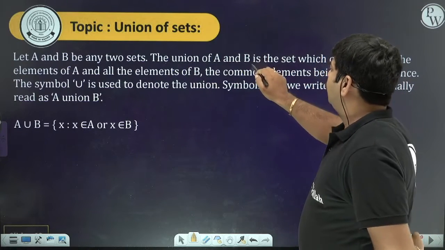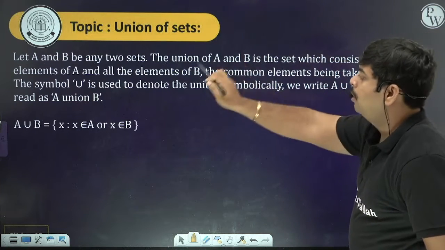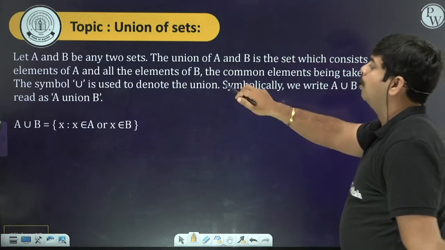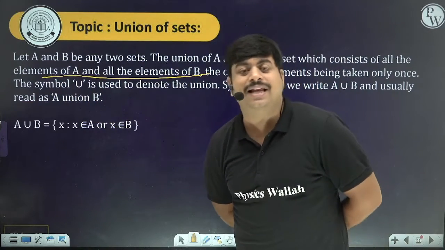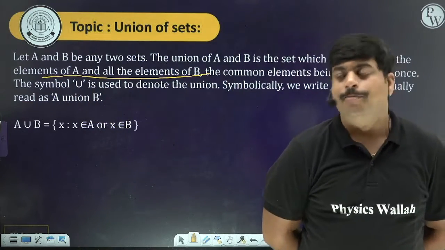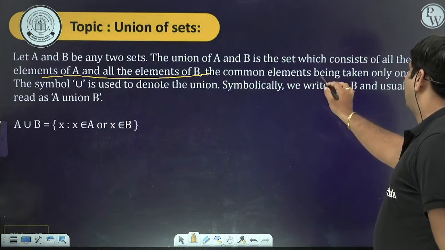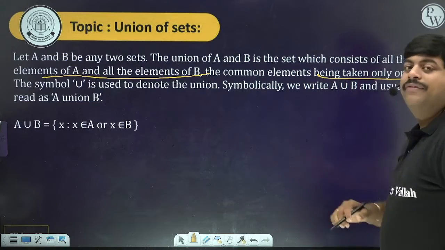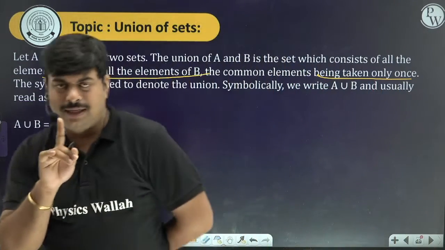The union of A and B is a set which consists of all the elements of A and all the elements of B. All the elements of A as well as all the elements of B, right? The common elements being taken only once. If there are common elements in both A and B, it is enough to consider it only once.